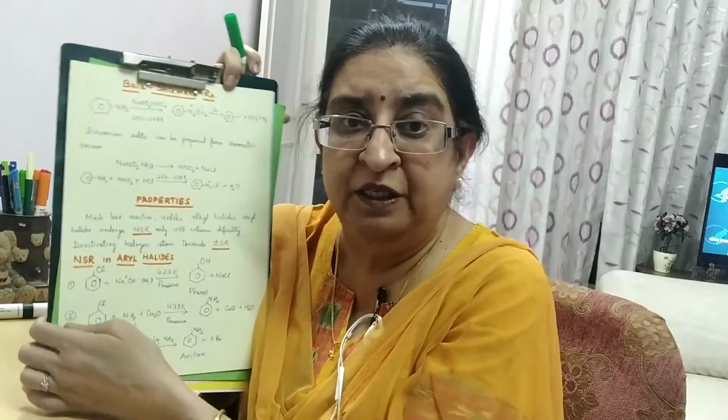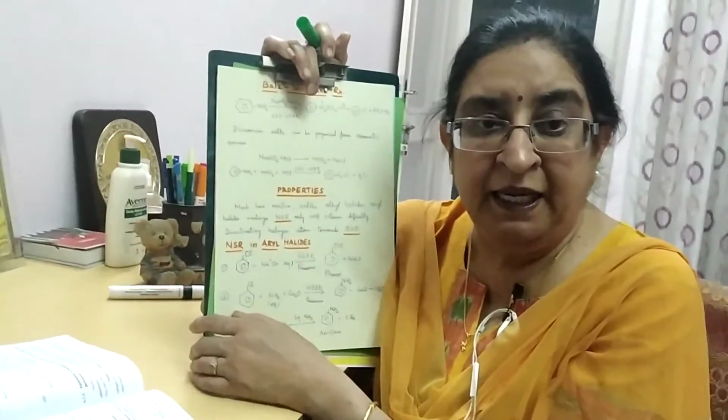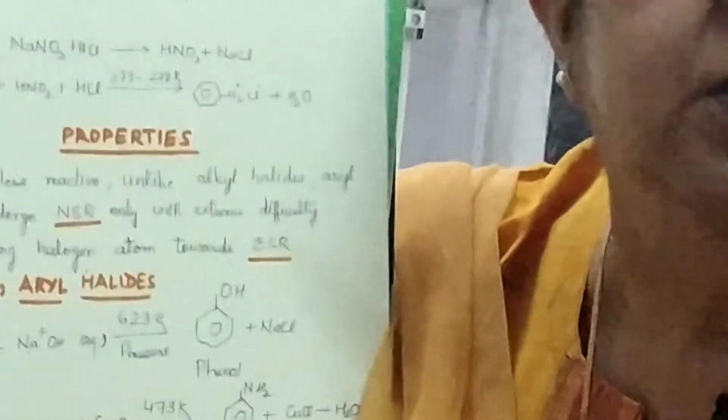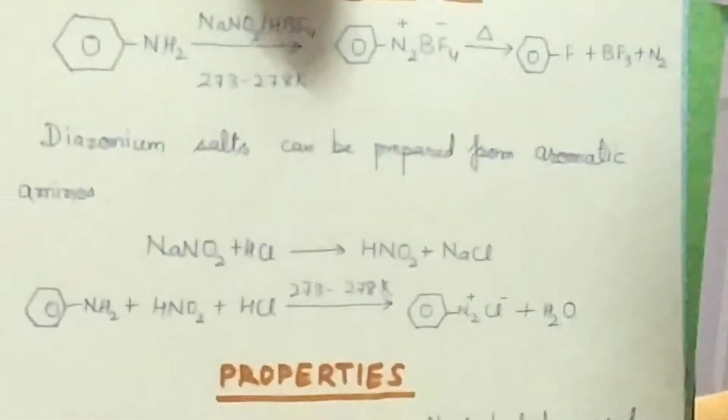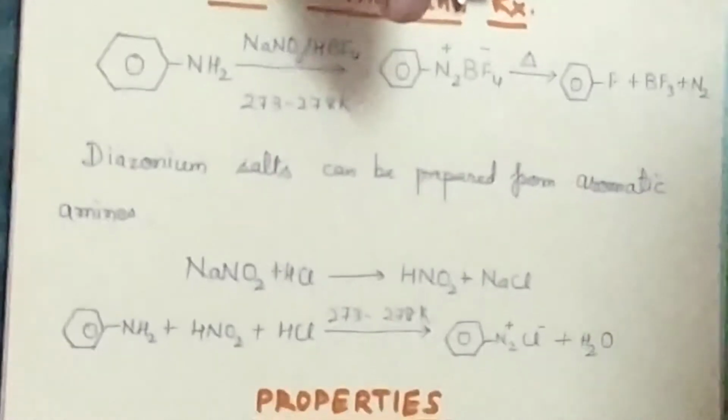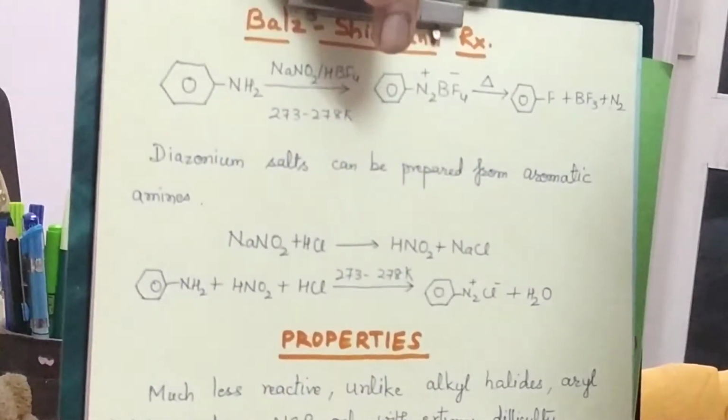First of all, let me focus on nucleophilic substitution reactions. Let's first talk about the nucleophilic substitution reactions which they exhibit. If you remember, alkyl halides, I told you they are very reactive towards nucleophilic substitution reactions, and there were so many nucleophilic substitution reactions which alkyl halides showed.